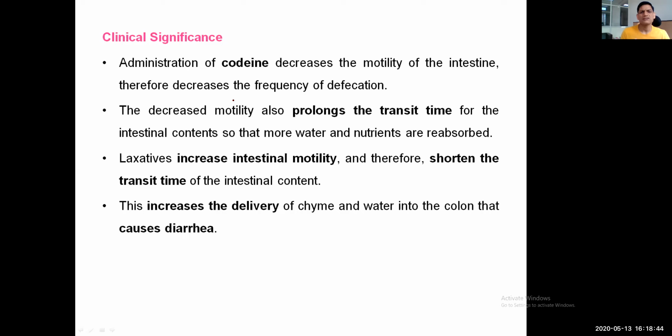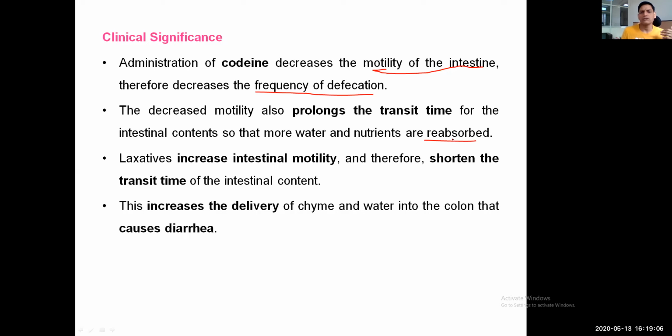Administration of codeine-type substances, morphine, which are addictive substances, decreases the frequency of defecation while decreasing the movement of the small intestine. Decreased motility also prolongs the transit time for the intestinal content, so that more water and nutrients can be reabsorbed.